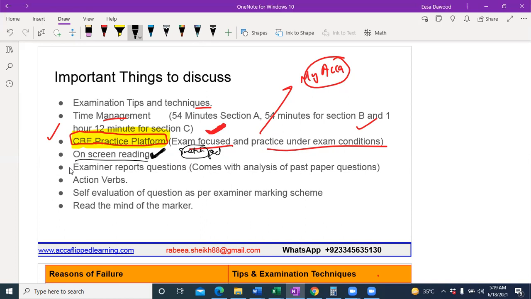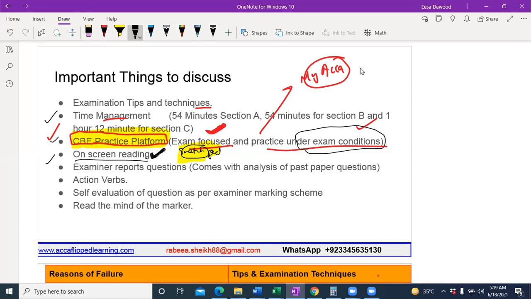In the planning time, you can jot down the important points. So the scratch pad is used as rough paper. Even in remote exams, you're not allowed physical rough paper, so you're required to use the scratch pad. So on-screen reading and writing is what I encourage, using the CB practice platform under exam conditions.